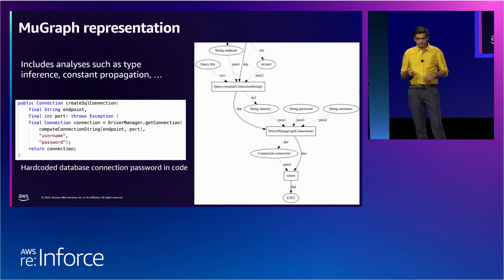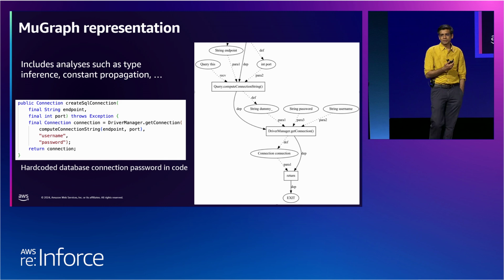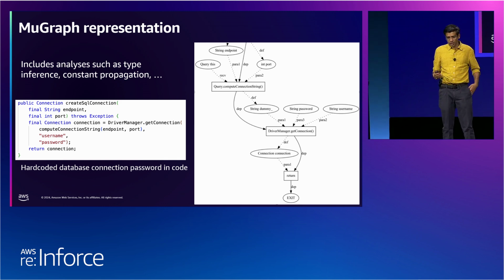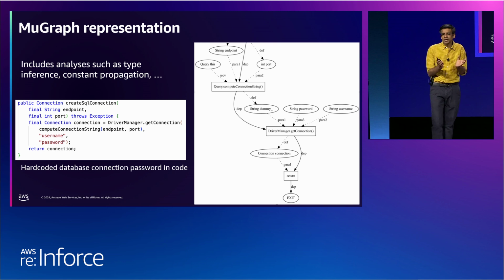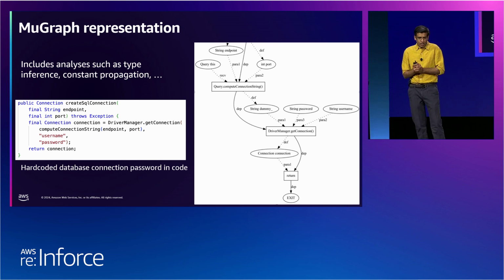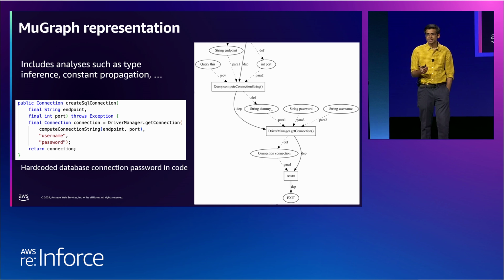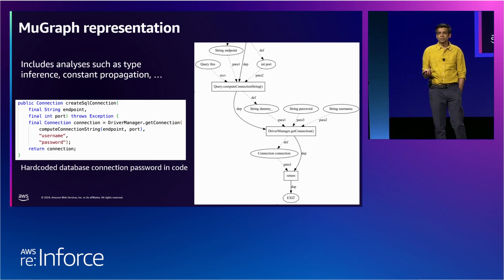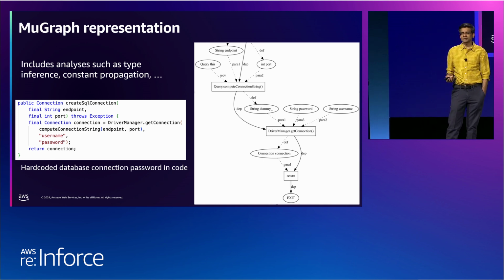We have also seen how this representation is precisely tracking data and control flow. And putting all of these things together is important to being able to precisely express the security checks that we want to enforce in our code and that we want to use for checking vulnerabilities in our code.